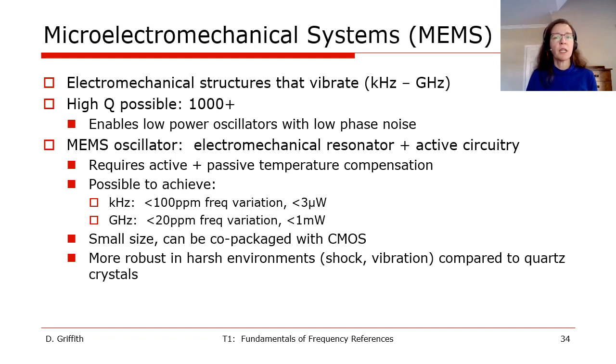In the gigahertz range, it's possible to achieve less than 20 ppm frequency variation with under 1 milliwatt total power consumption. An advantage of MEMS, unlike ceramic resonators, is that they're very small and they can be co-packaged together with CMOS active circuitry. Also, they're very robust in harsh environments compared to quartz crystal oscillators.